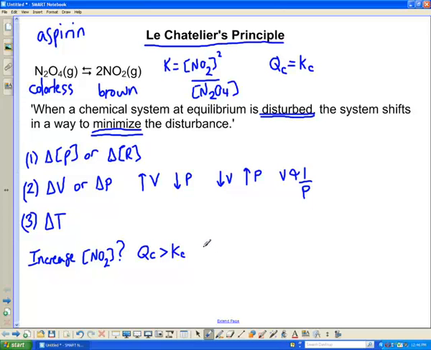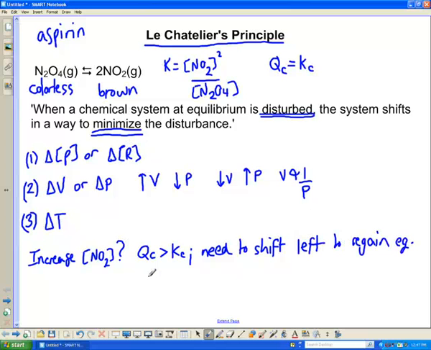And so in order to re-establish the equilibrium, that has to shift. Well, which way do you think it has to shift? If my Q is now bigger than my K, that means this is too high. So I have to shift back this way to the left to regain equilibrium. In this case, that means shifting to the left.